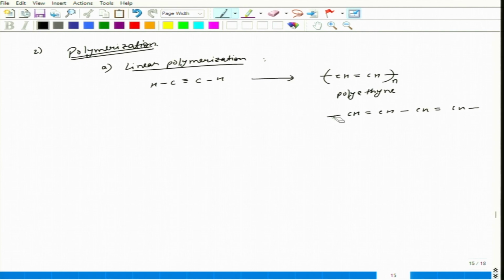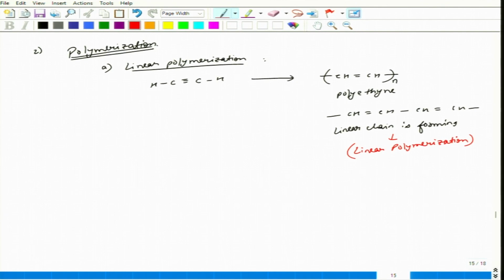This means a linear chain is forming, and that is why it is known as linear polymerization. A linear chain is forming.